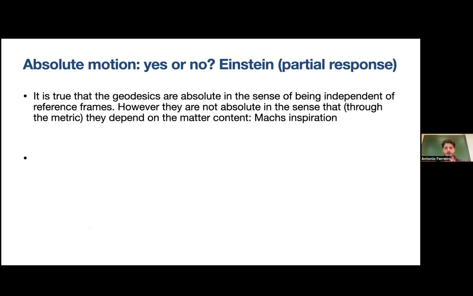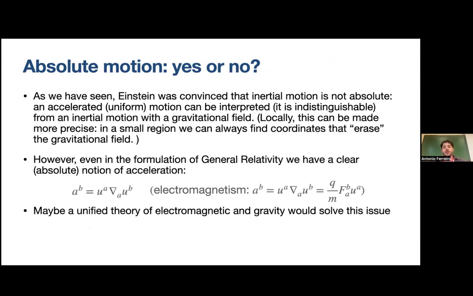Now, I think how Einstein tried to solve this was, okay, it's true that you have a notion of acceleration, but the difference here with respect to general relativity, sorry, with special relativity and with Newton's physics was that acceleration, if we go back, depends on the covariant derivative, which at the same time depends on the metric, and the metric depends on the matter.